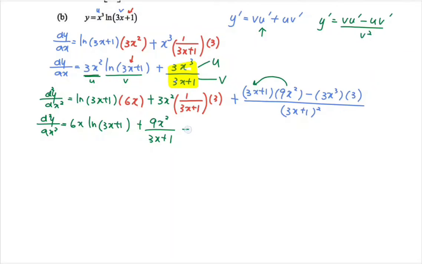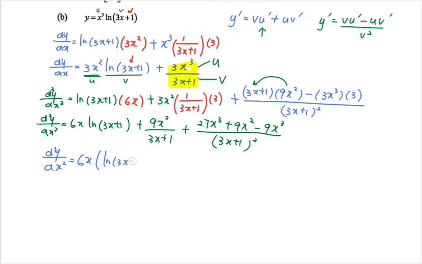So if we expand, we will have plus 27x to the power of 3, plus 9x squared, then minus 9x cubed, over (3x plus 1) squared. Rewrite the situation. We have the second derivative, where we have 6x ln of 3x plus 1, and then plus 9x squared over 3x plus 1.